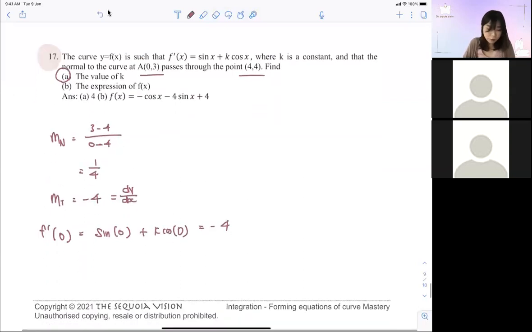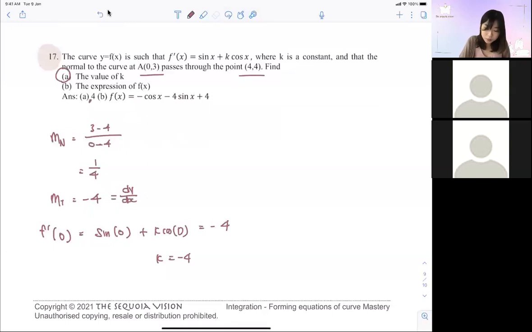Is equals to -4. Cosine 0. Oh, I wrote wrongly. This is -4. Yeah, that doesn't make sense. K is -4. So K equals to -4.